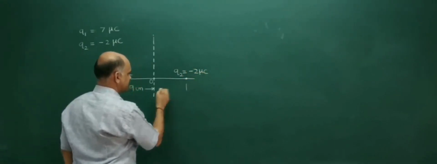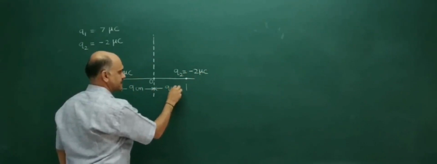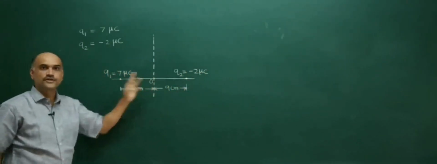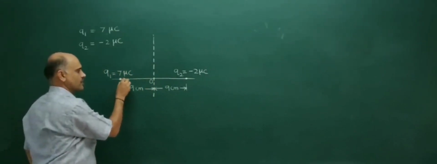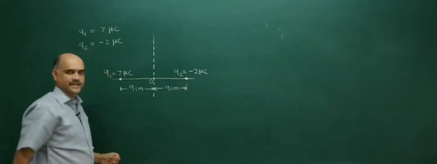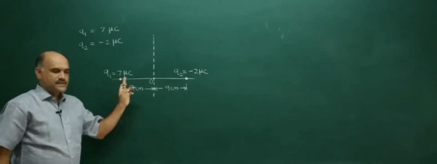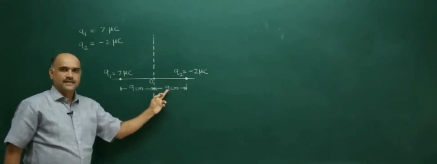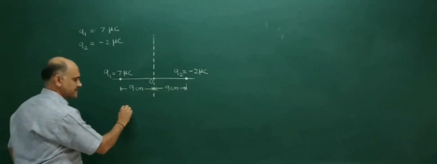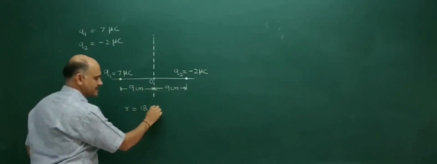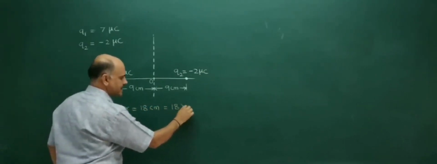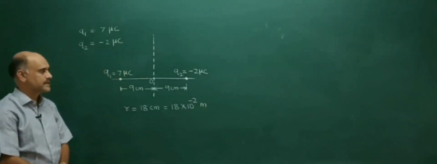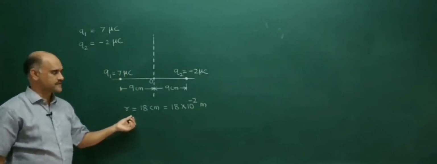This distance is also 9 centimeter. You are required to find the potential energy of this system. Now the distance between these two charges will be 9 plus 9, that is 18 centimeters. So r is equal to 18 centimeters, or 18 into 10 raised to minus 2 meters.